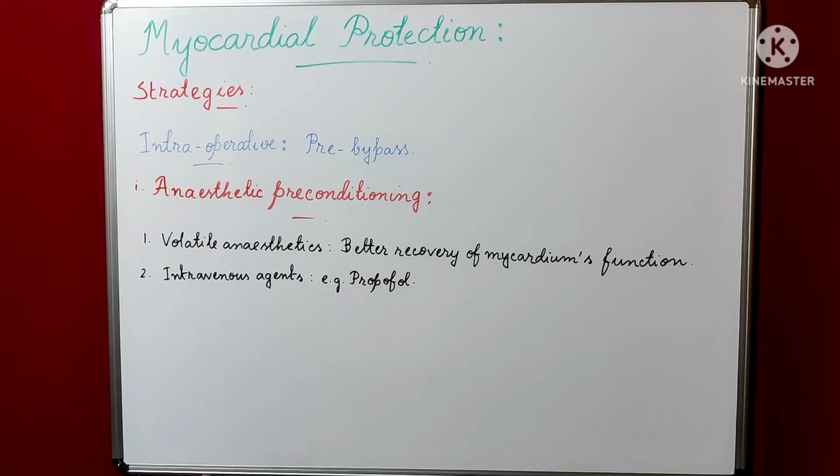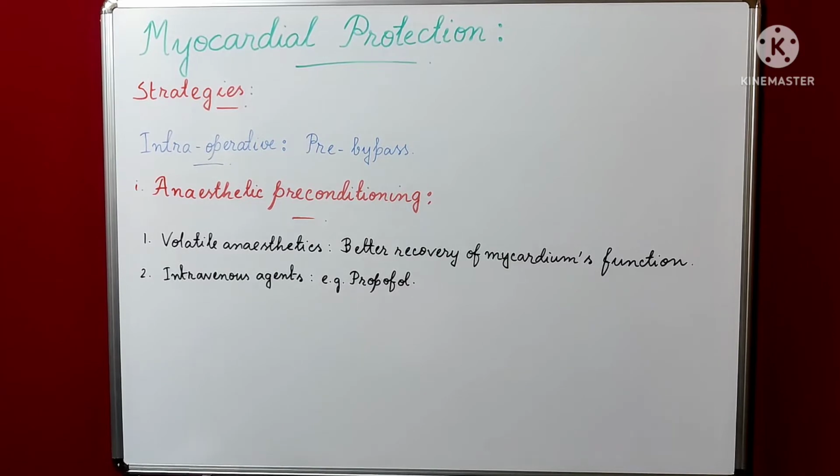It also affects the electrophysiological function of the heart. Next are the intravenous agents. There are many intravenous agents used for induction and maintenance of anesthesia during cardiac surgery, and many of them are associated with cardioprotective effects, like propofol.